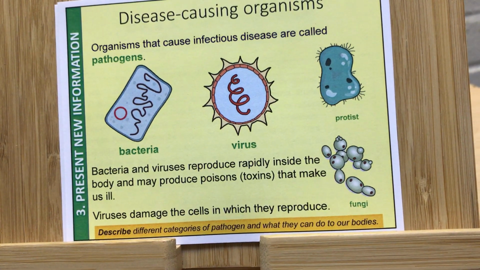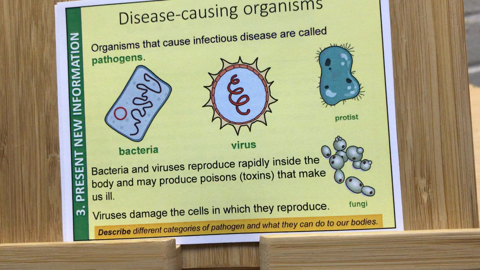And there are 4 categories of pathogen: bacteria, virus, fungi and protist, and we'll look more at the specific examples of diseases that we need to know about in the 7 diseases fact files. So bacteria and viruses reproduce rapidly inside the body.